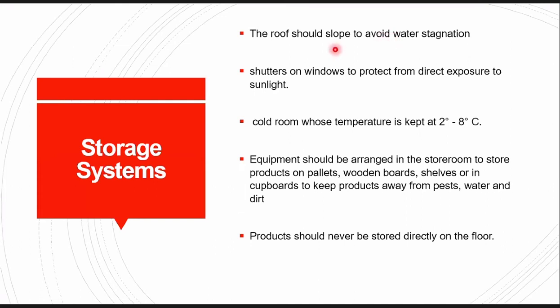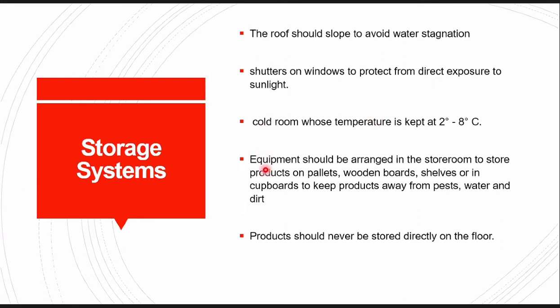The consequences are obvious. To minimize light, right? You are going to recommend that there will be shutters on the windows. And then certain products should be kept between 2 to 8 degrees. So there has to be a fridge or a cold room.